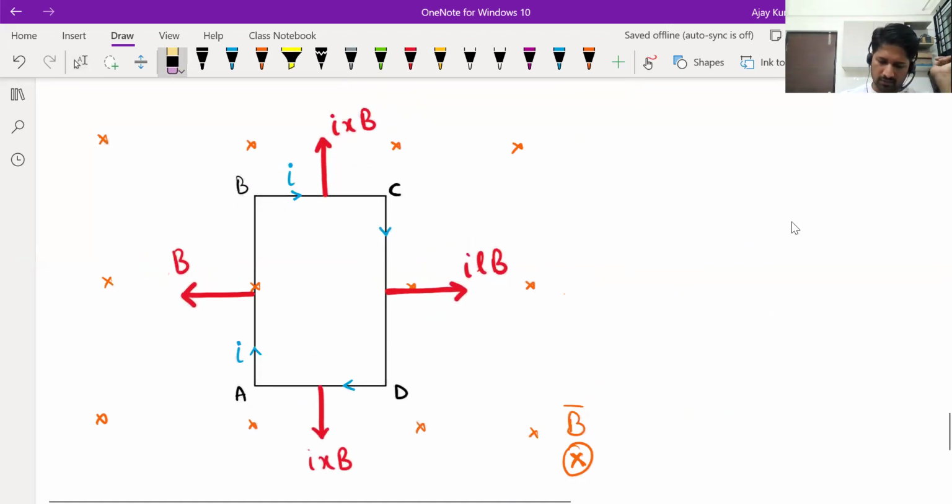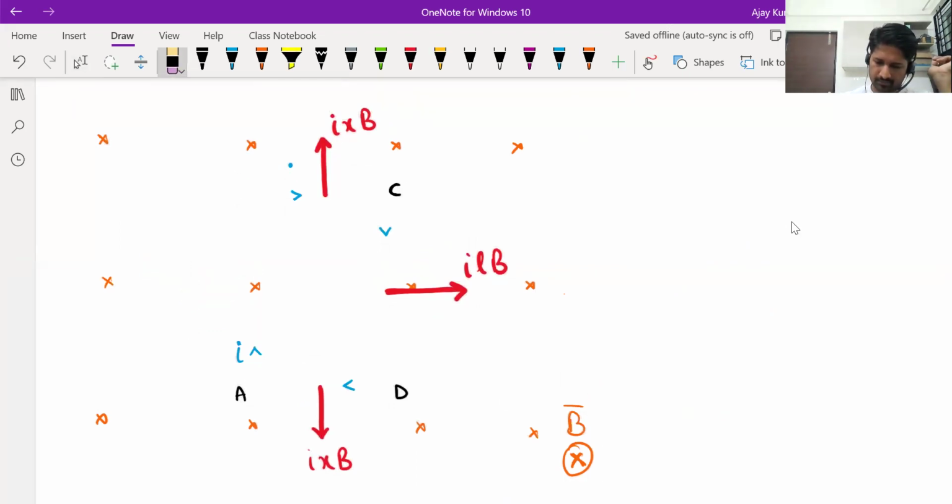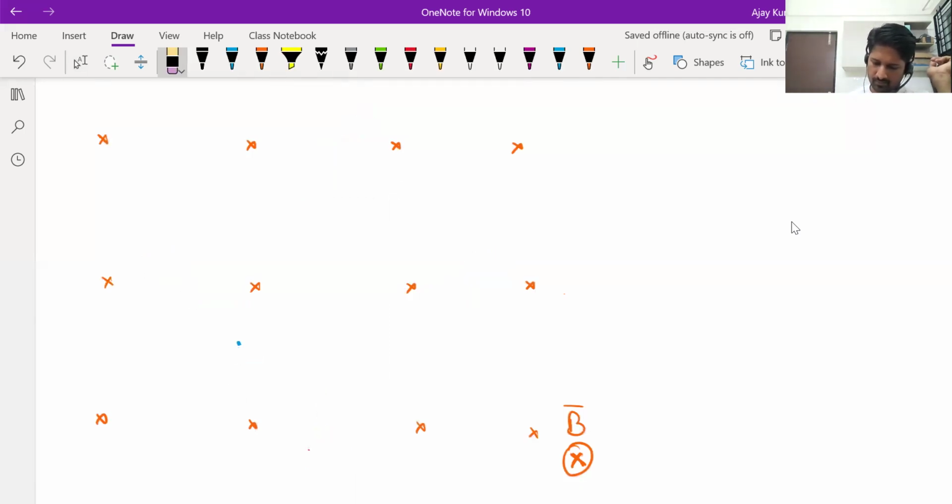Now we need to rotate this loop. Magnetic field is still directed inwards into the screen. It's a uniform magnetic field, but the loop has to be rotated this time.